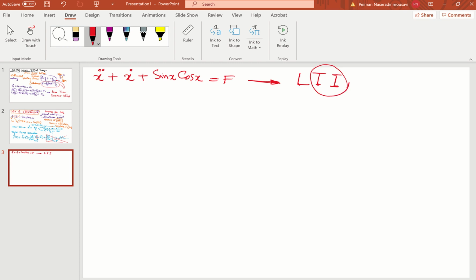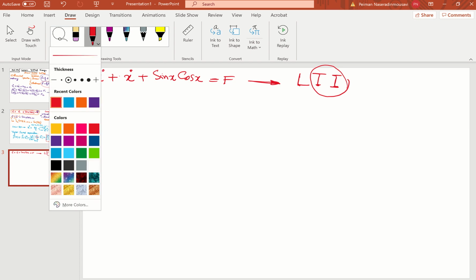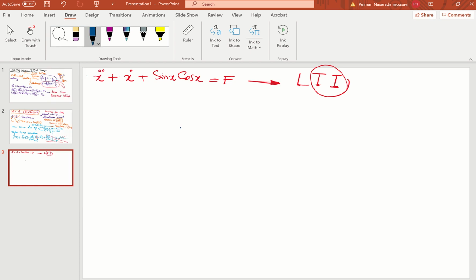The system now is time invariant because the coefficients are 1, but it's not linear. That's right. Clear, guys? So now after finding that, I hope that you know, sine of x is equal to, based on the Taylor series expansion, sine of 0, the equilibrium point, based on this formula.